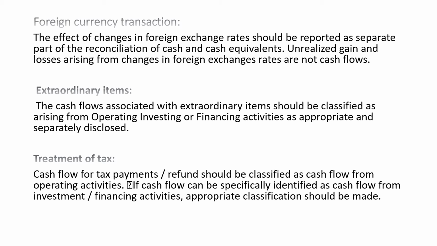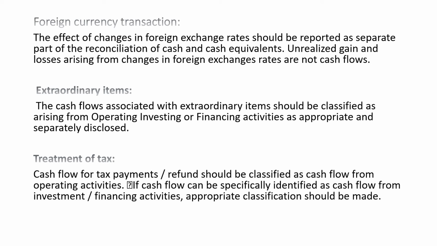Unrealized gains and losses arising from changes in foreign exchange rate are not cash flows. Extraordinary items. The cash flows associated with extraordinary items should be classified as arising from operating, investing or financing activities as appropriate and separately disclosed.